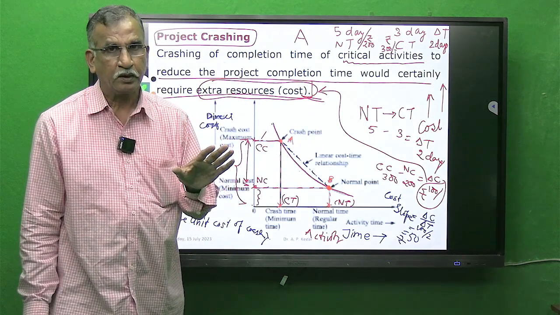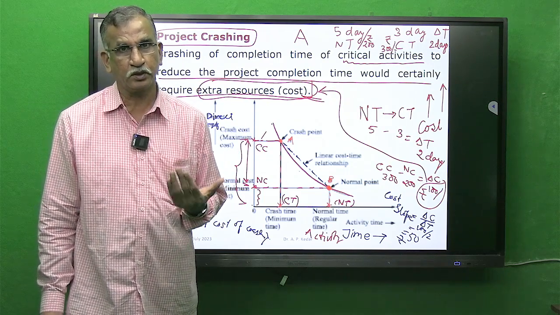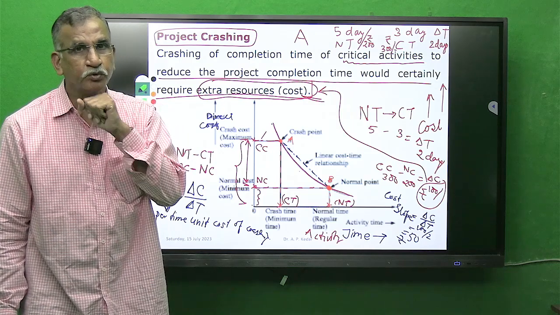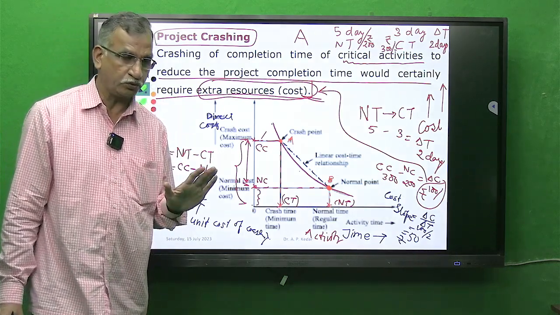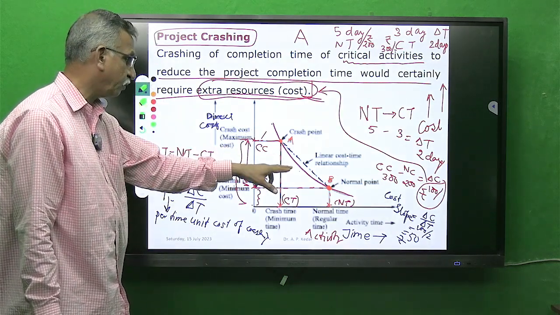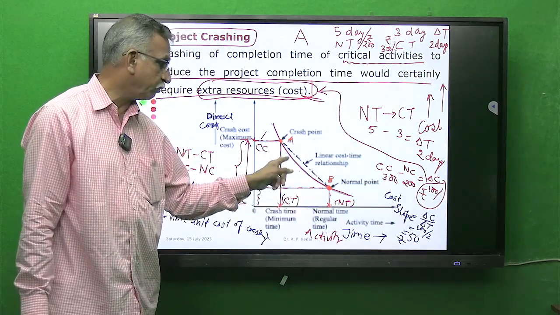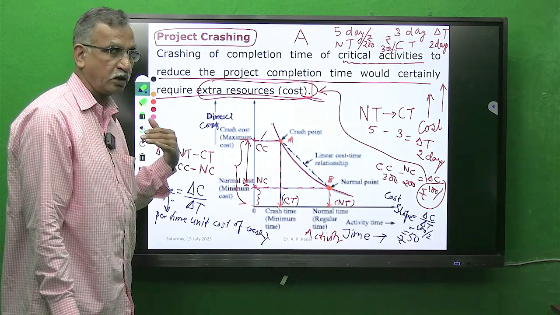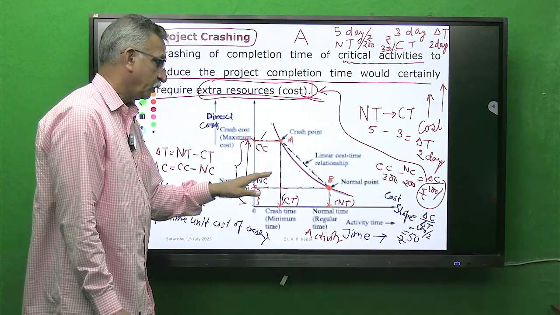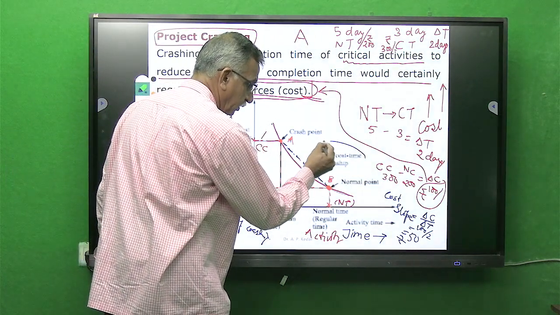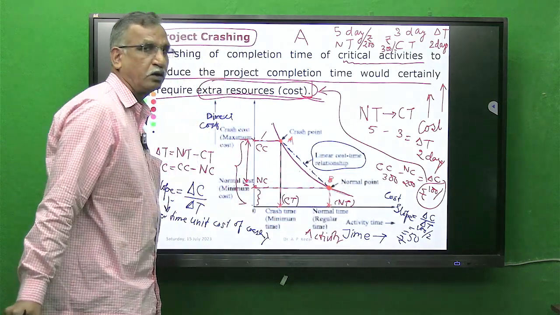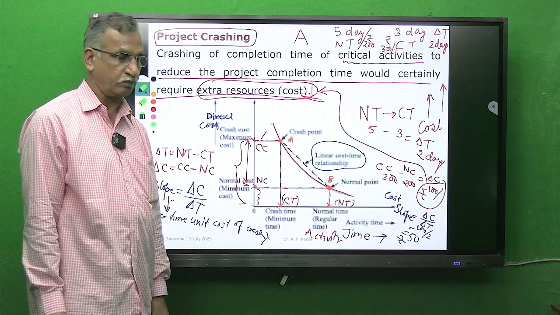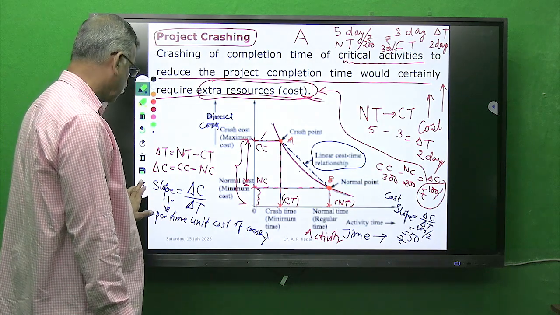What we have to remember is that it is the additional expense in reducing activity duration by unit time, whatever the unit may be. This is the behavior of direct cost. Now this is very important: you have to take a linear approximation of the linear relationship for this curve. Now let's go ahead.